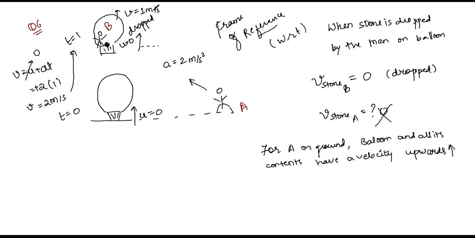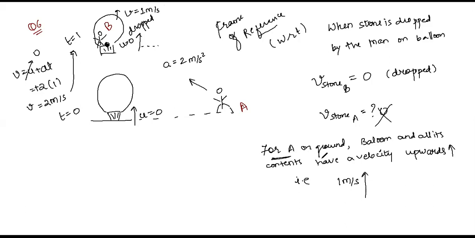So we'll have the balloon as well as its contents, that is the stone, everything have a velocity 1 meter per second in the upward direction. For whom? For the man on the ground.